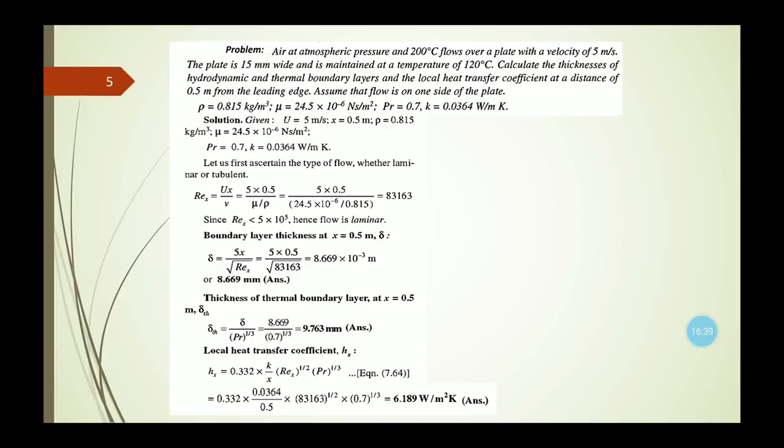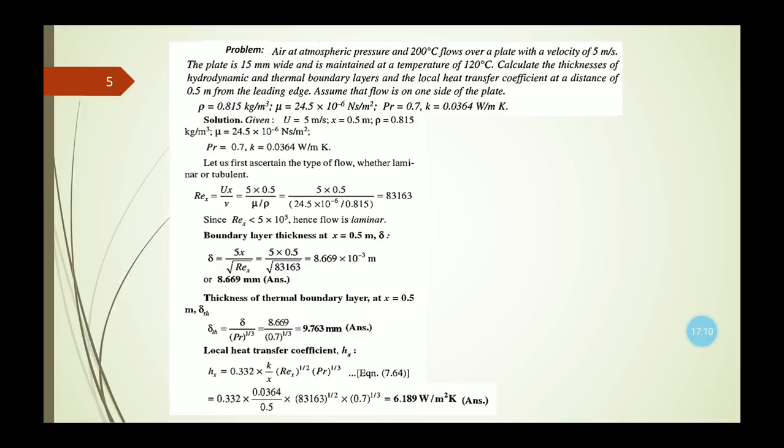The second part of this numerical is to calculate the thermal boundary layer thickness also. In the last class we discussed that there is a relation between the hydrodynamic boundary layer and the thermal boundary layer: the thermal boundary layer equals the hydrodynamic boundary layer divided by the Prandtl number to the power 1/3.